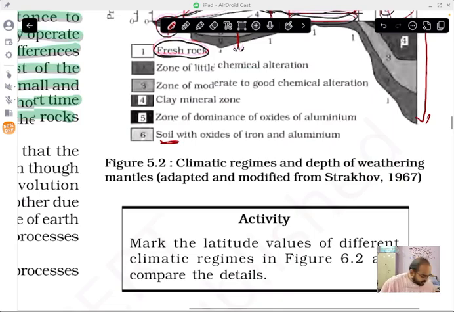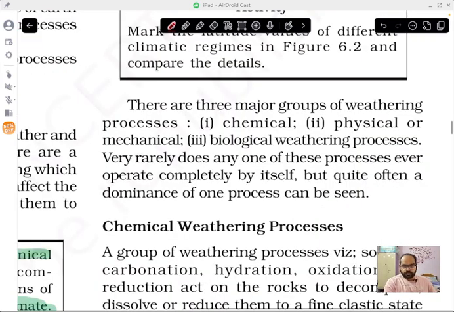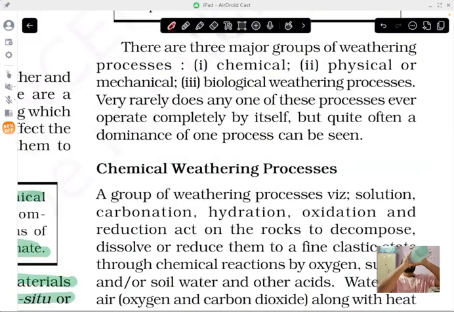This weathering process is of 3 types. There are 3 major groups of weathering. Weathering can occur through 3 ways: chemical weathering, physical or mechanical weathering, and biological weathering.